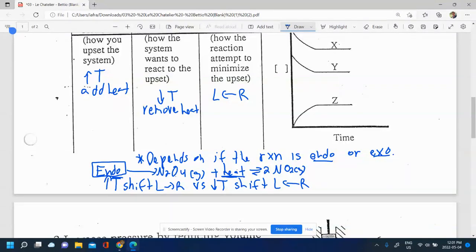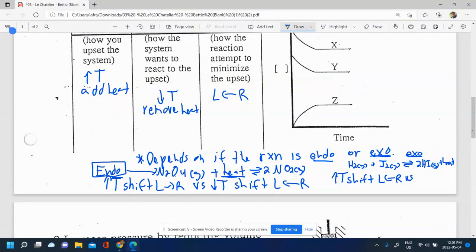But if it was for an exothermic system, so suppose we had H2 gas plus I2 gas, and that produces 2HI gas plus heat. This is exothermic because of the heat term on the right side, on the product side. So as we saw, if I increase temperature, the reaction is going to shift from right to left to get rid of the heat that was added.